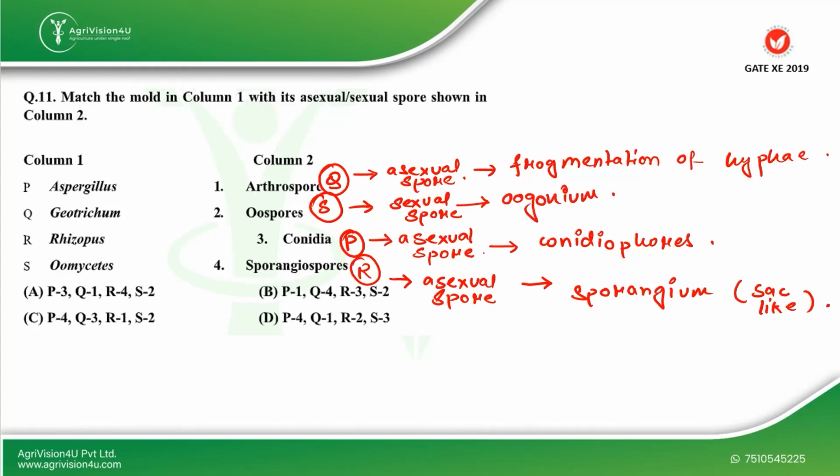Now, over here my correct option will be A, that is P3 Q1 S2 and R4. So Aspergillus, Conidia; Geotrichum, Arthrospores; Rhizopus, Sporangiospores; and Oomycetes, Oospores. So over here my correct option is A.